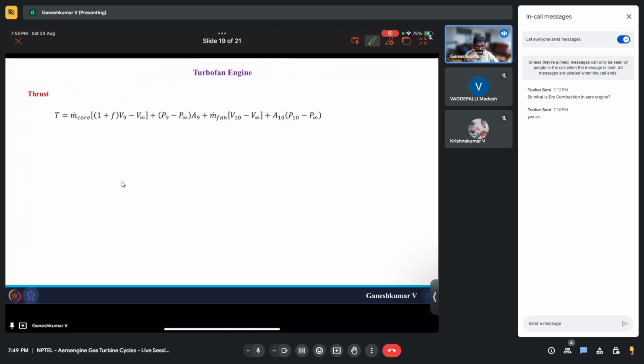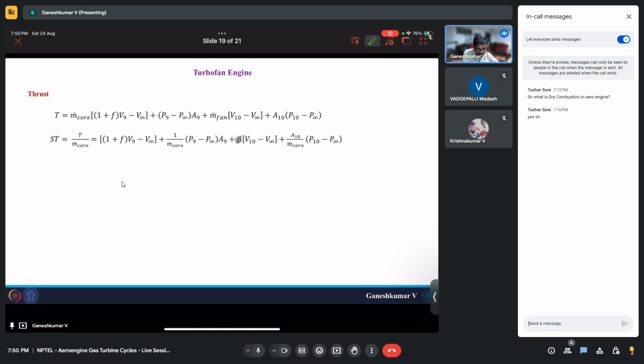Okay, now you need to find specific thrust. We can normalize it with the m dot core. So if you divide this thrust by m dot core, this is what your equation would look like. You have the additional pressure thrust of core stream and bypass stream divided by m dot core here, a bit weird.